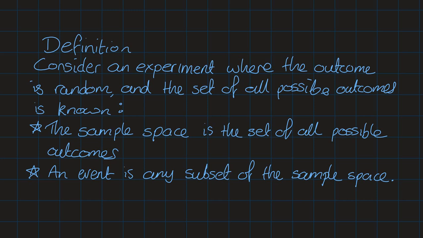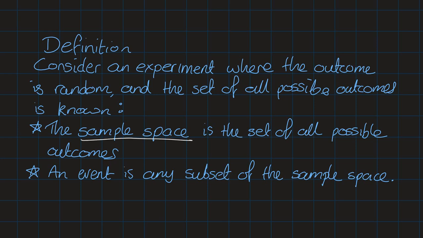So we consider an experiment where the outcome is random, but we understand the set of all possible outcomes. If you flip a coin, it's heads or tails. If you roll a six-sided die, it's 1, 2, 3, 4, 5, 6. So we consider an experiment where the outcome is random and the set of possibilities is known. Then two definitions.